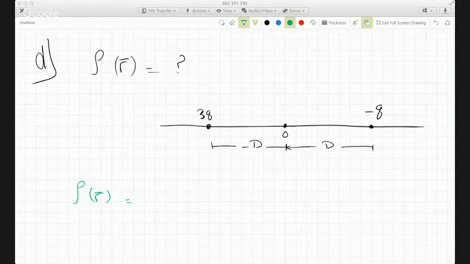So the units here have to be in coulombs over meter cubed. So you do have to consider a volume, you do have to consider a volume integral, right?